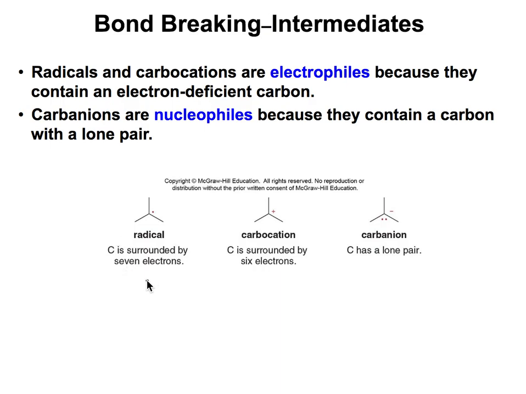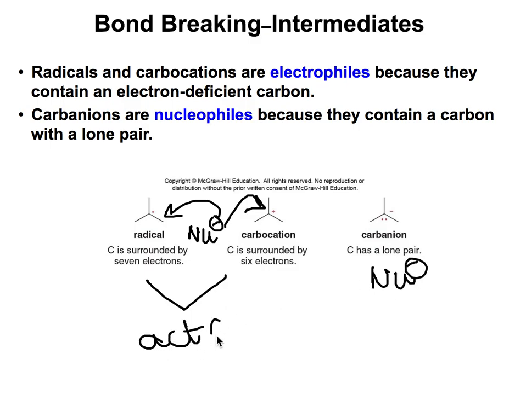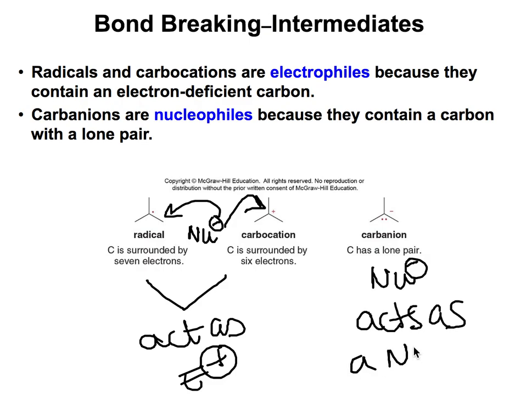So here, these two. A nucleophile will come and attack there, or will come and attack there, and the carbanion will act as a nucleophile right there. So these act as electrophiles, and this carbanion acts as a nucleophile, right?